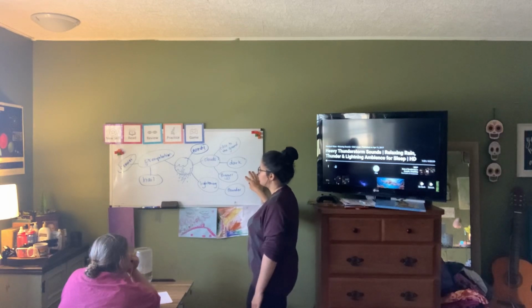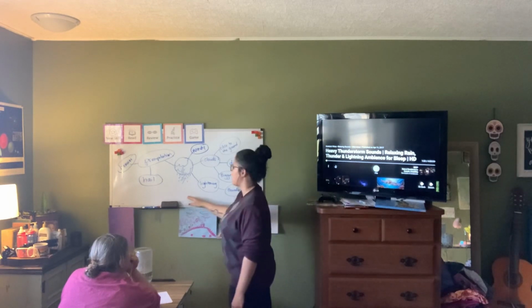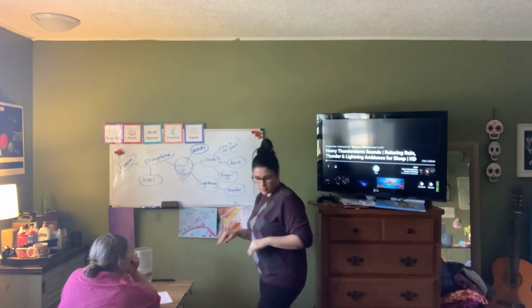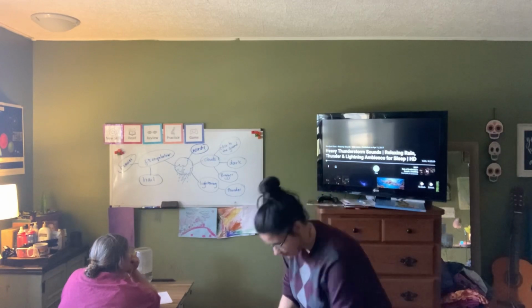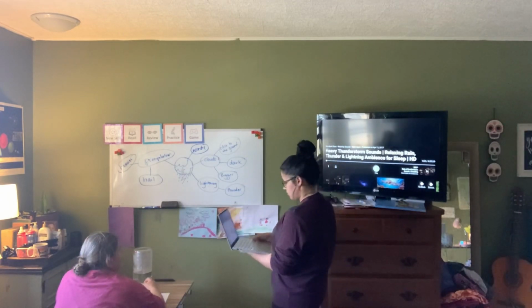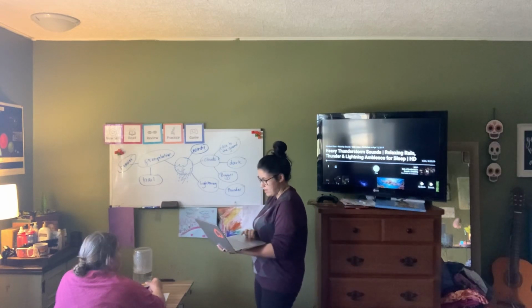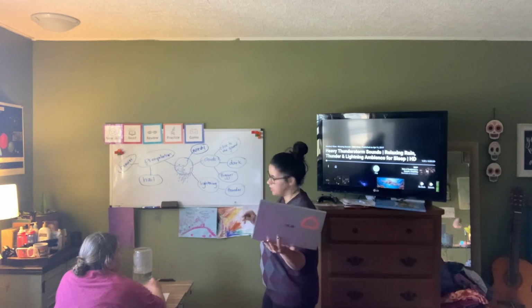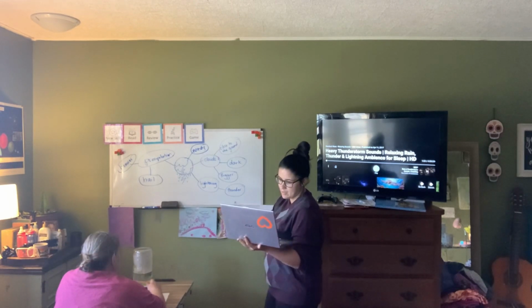We are going to learn why this happens instead of just rain every single time. There's some other things that happen that we can't necessarily observe, so we'll just have to research them. You're going to create what's called a thunderstorm ingredient card.